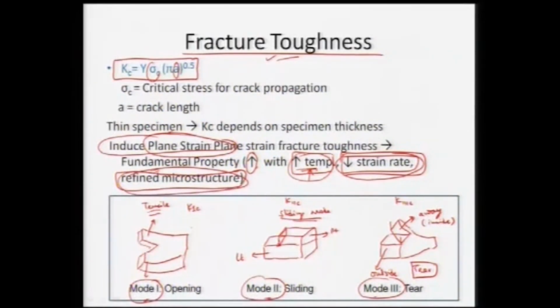So, that is the trait of a material. Once we have a very fine microstructure or a nanostructured material, it generally shows very high fracture toughness in comparison to that of a conventional material with a very big grain size. So, fracture toughness is one of the very important properties of the material.